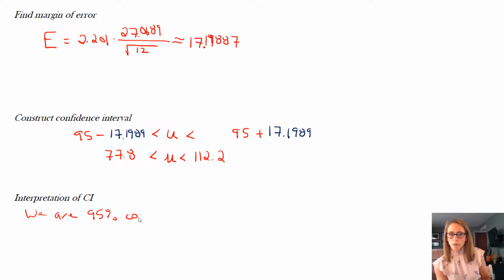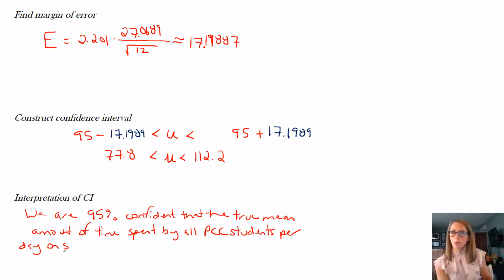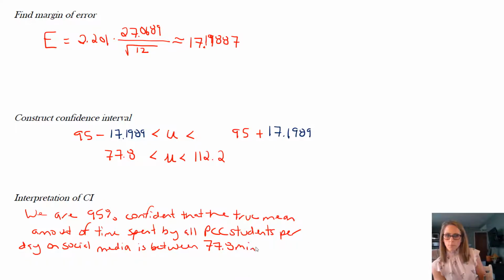We are 95% confident that the true mean amount of time spent, so I'm just reiterating what it says in the directions for this problem, spent by all PCC students per day on social media is between 77.8 minutes and 112.2 minutes.